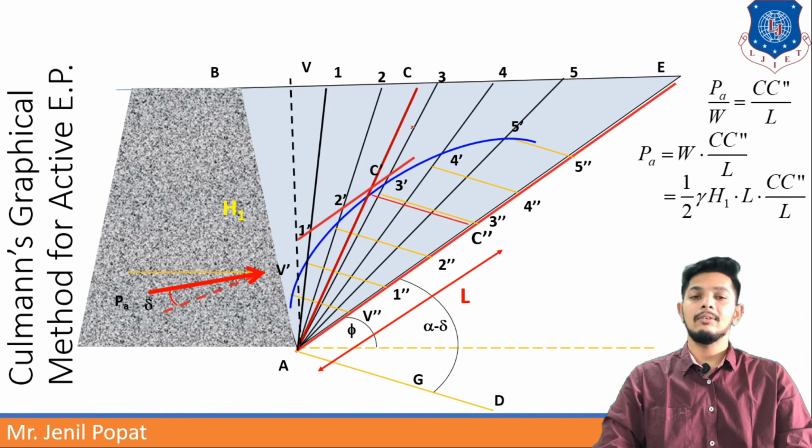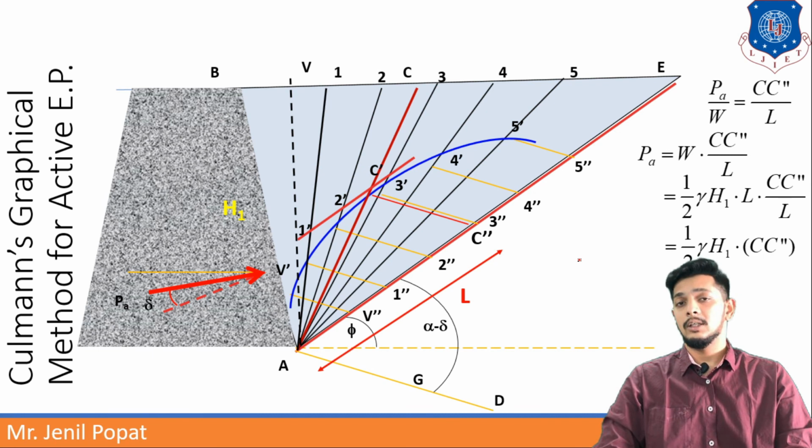So from area we can say 1/2 gamma into H1 into L. So that is basically area into CC double dash by L. Now L can be cancelled out, and we can write PA, total active earth pressure force, will be 1/2 gamma H1 into CC double dash. If we know the value of CC double dash, we can calculate active earth pressure from this graph.